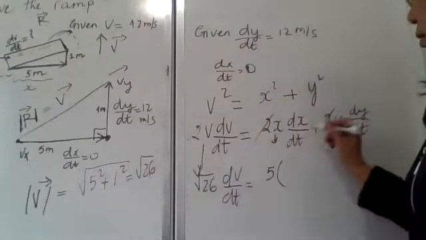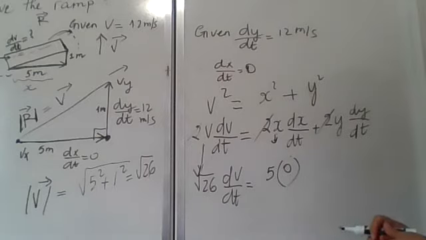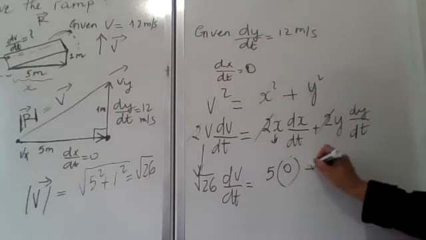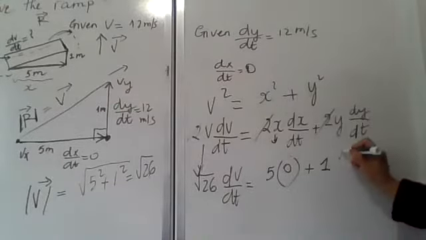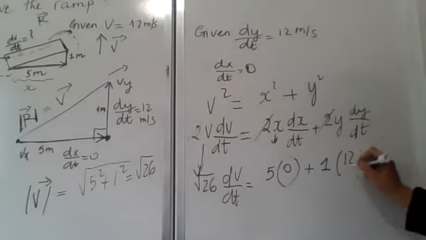We don't have the horizontal velocity component. Adding with y, which is 1 meter from here to here, and dy over dt is 12.